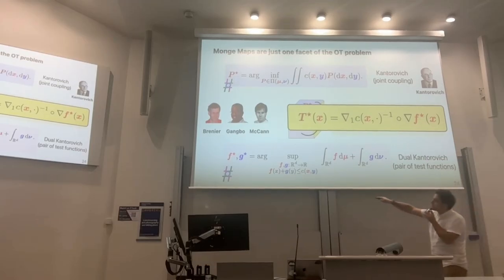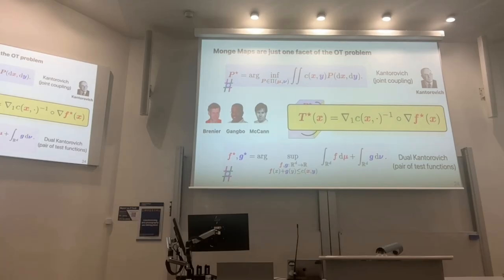And so once you find this potential here, what you have is a function from R^d to R. You take the gradient of that function, the gradient of f star, and we get a function from R^d to R^d. And this operator here gets very geometric. This is called the twist operator. Here x is given, right?